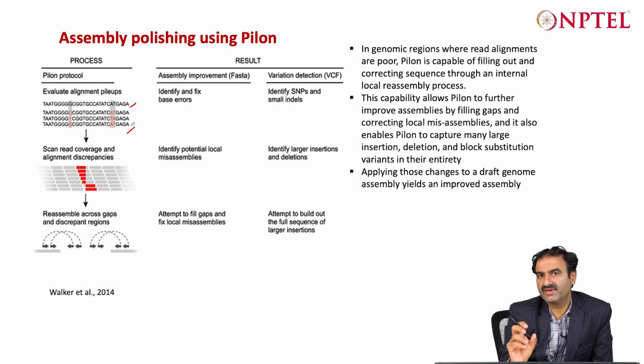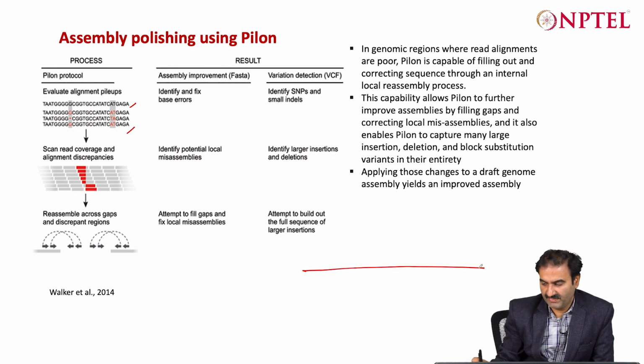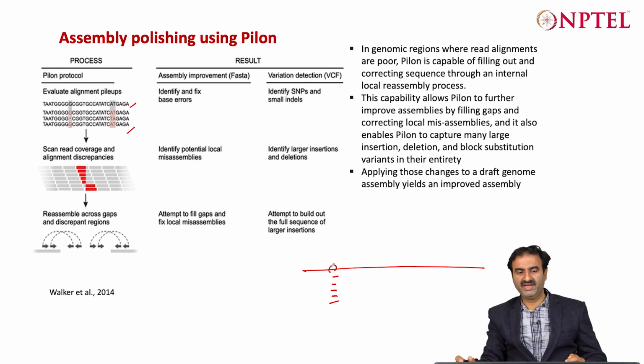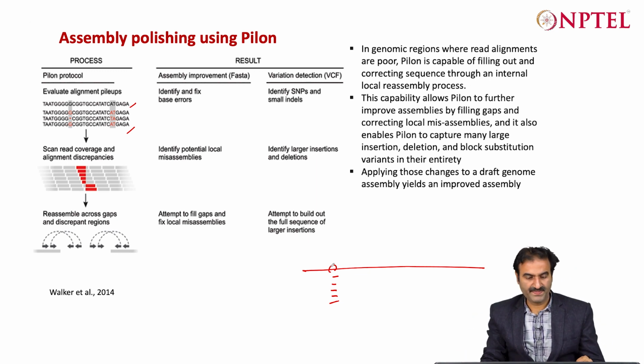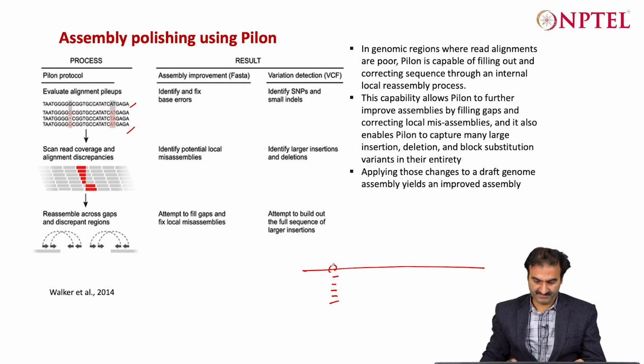There could also be some local misassembly. For example, in the assembly this is a region, whereas the short read information indicates that this region should be flipped, or the assembly has been slightly misplaced, so it will also do that correction. It may reassemble and close the gaps, and across the gaps generally these errors happen, so it fixes the errors and also rearranges a little bit so that you can fix those assembly errors.